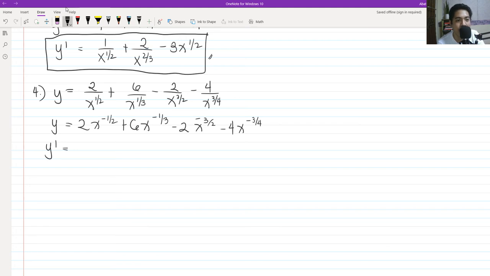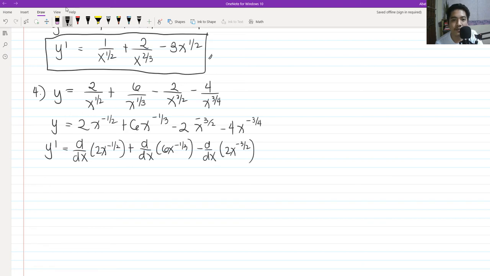So what will happen is that we are going to differentiate this again, for each term: the derivative of 2x raised to negative 1 half, 6x raised to negative 1 third, minus the derivative of 2x raised to negative 3 halves, then minus 4x raised to negative 3 over 4.